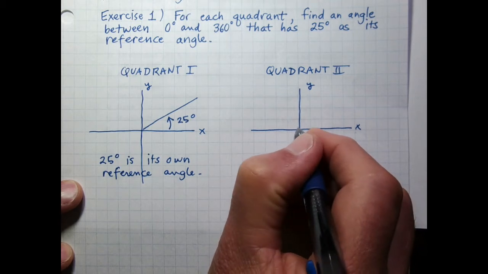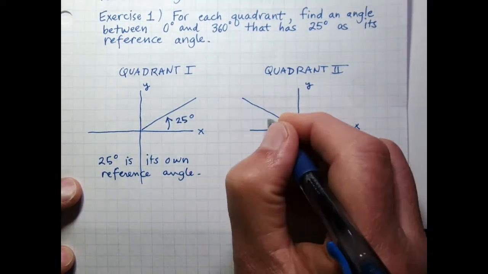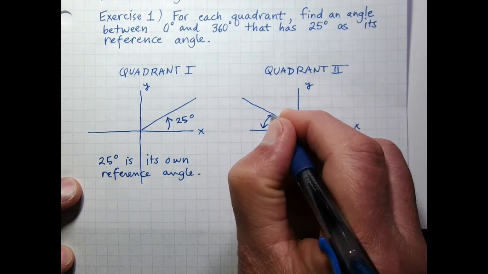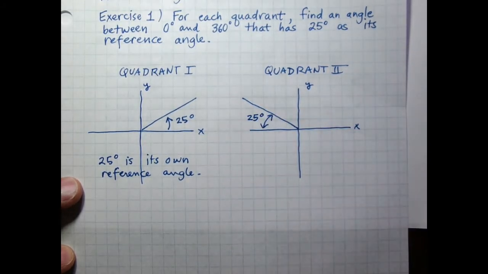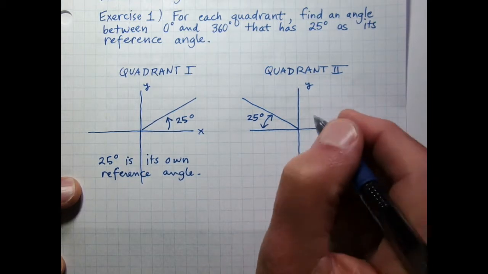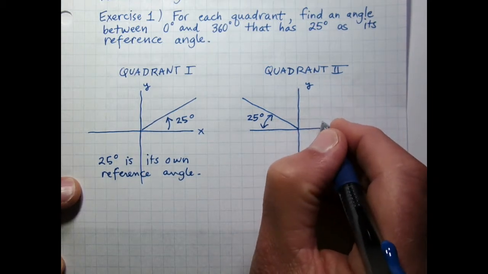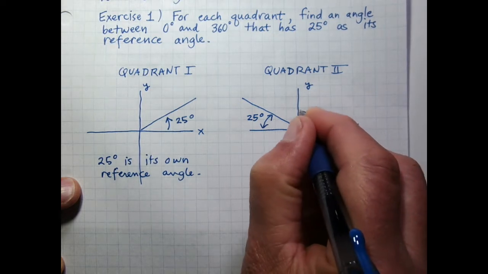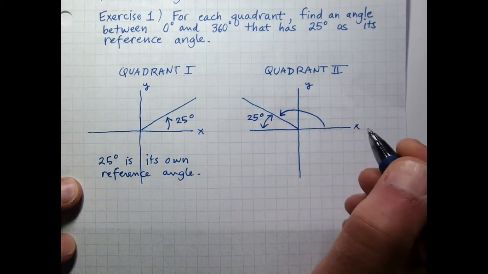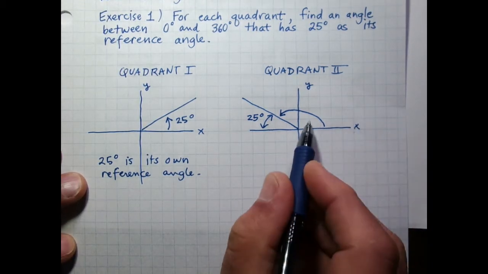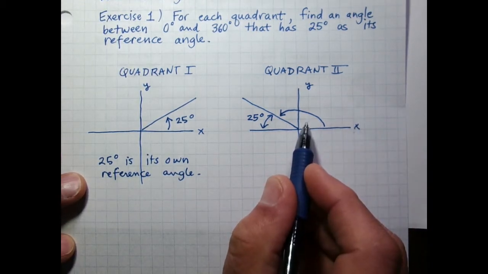So I'm going to imagine 25 degrees in this position. This is not in standard position for 25 degrees, but that's the position of the reference angle. The angle we're looking for will be in standard position. We'll start at the positive x-axis and we'll rotate around to that terminal side. We need to figure out what the measure of this angle is.